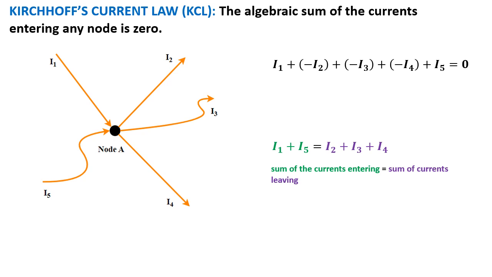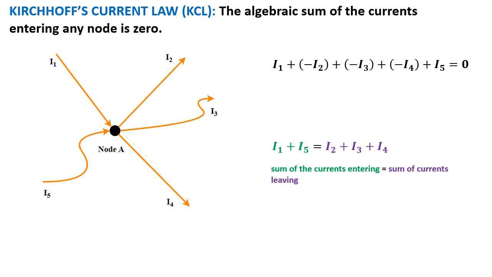Notice also that we can transfer I2, I3, and I4 to the other side of the equation. As a result, we will have I1 plus I5 is equal to I2 plus I3 plus I4.